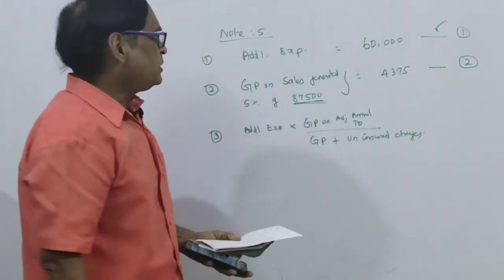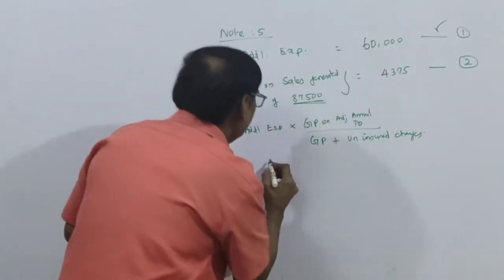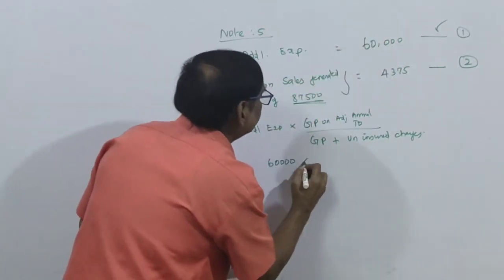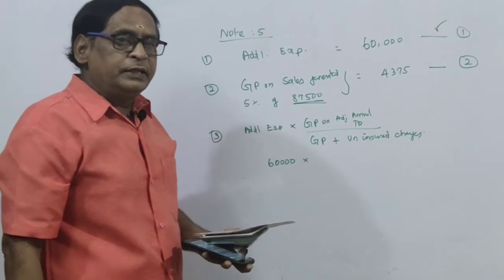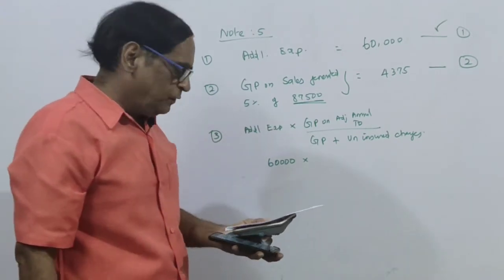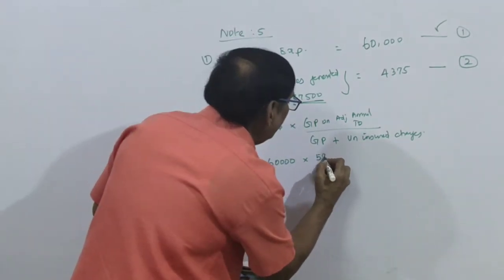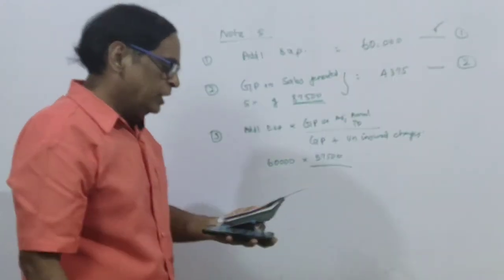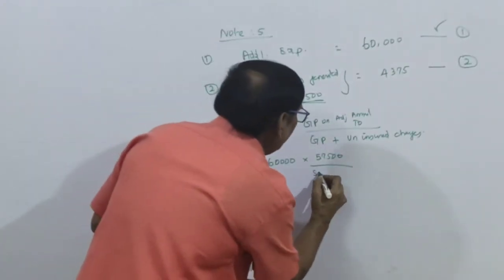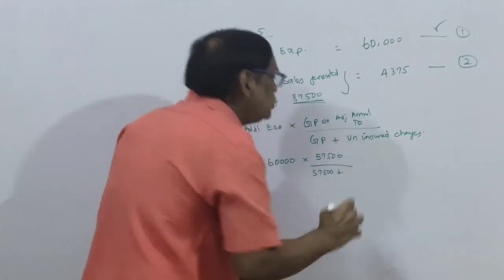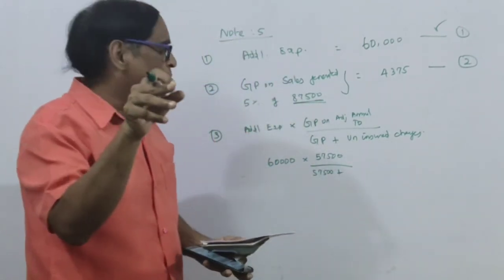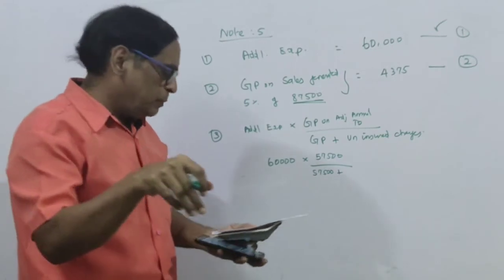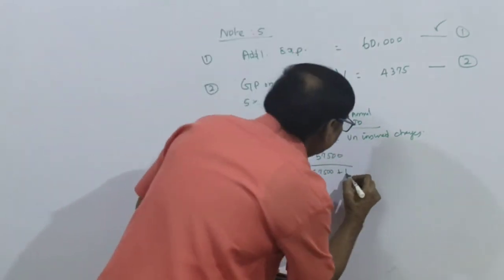Actual additional expenses 60,000, GP on adjusted annual turnover 57,500, divided by GP 57,500 plus uninsured charges, which is given in the question paper as 1,30,000.